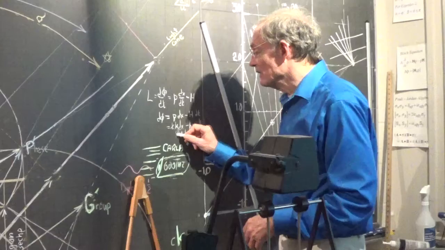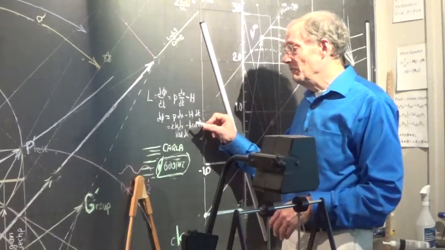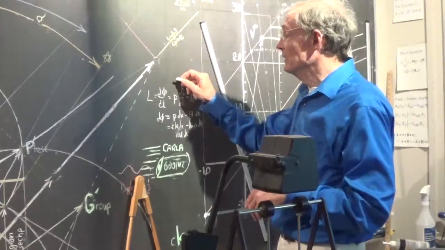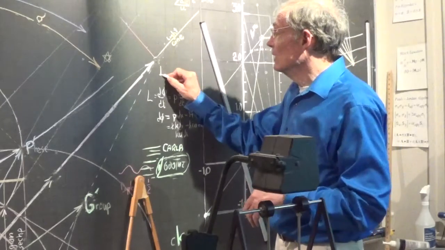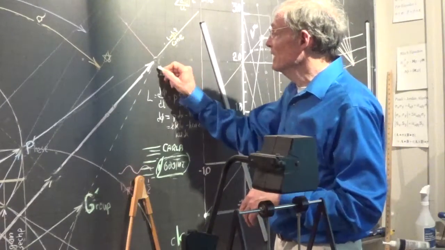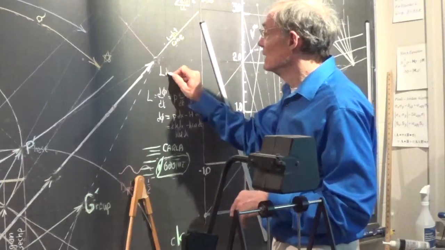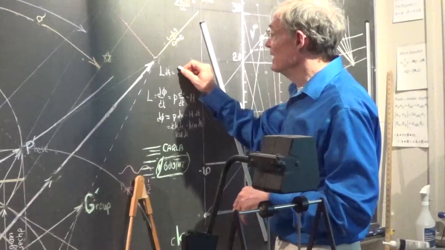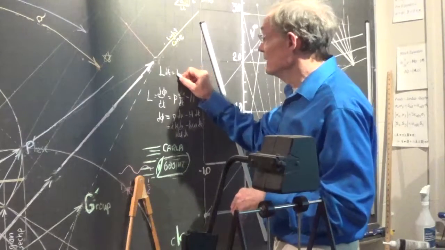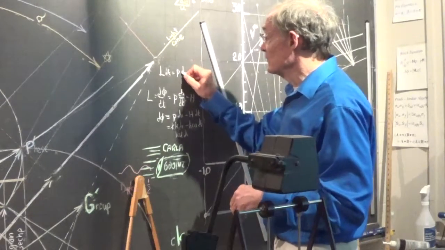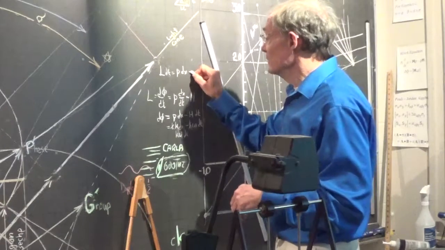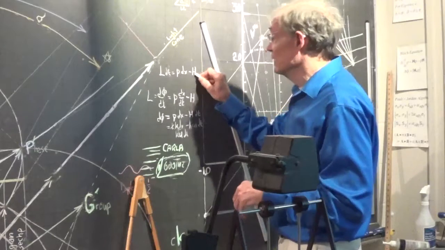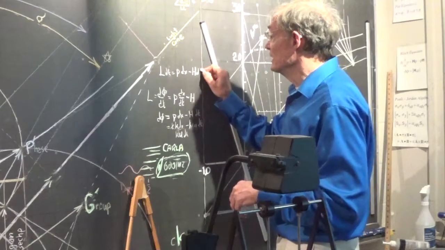So the usual way we write up there on the board, this is L dt equal P, the momentum, dx minus the energy, Hamiltonian energy, dt.